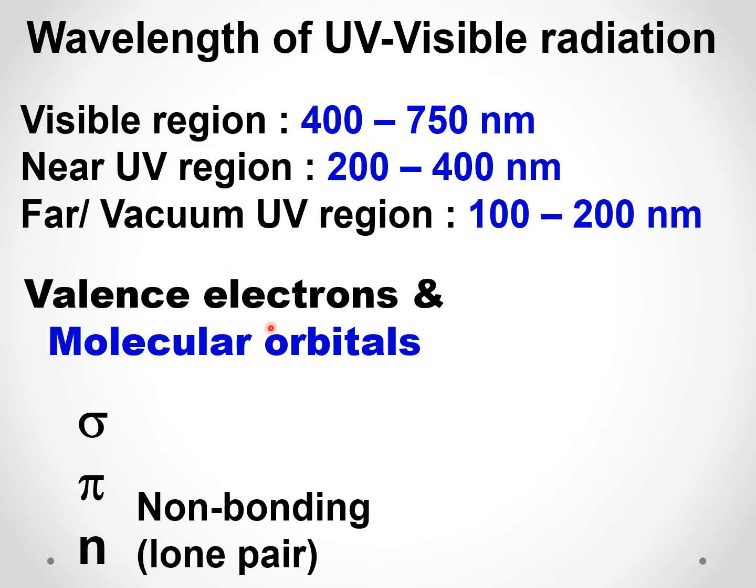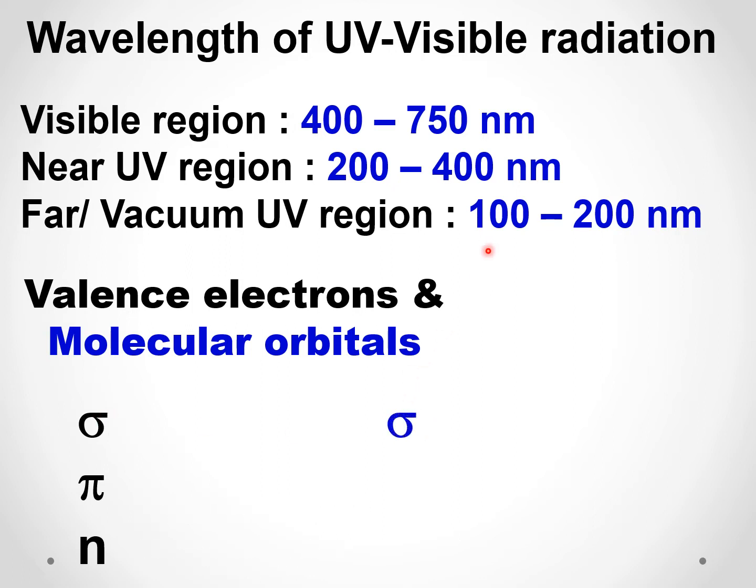Then what are the different molecular orbitals present? Sigma bond means the molecular orbital will also be sigma. Sigma electrons can sit only in sigma orbitals, and there are two types of sigma orbitals: sigma and sigma star.